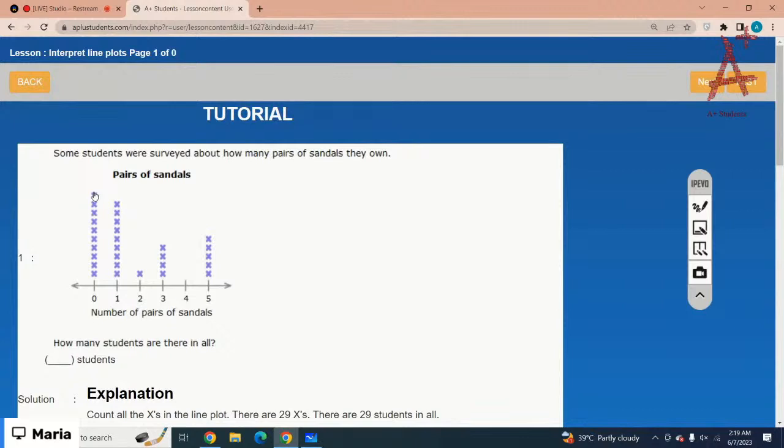You have to calculate the total students. So just calculate all the crosses in front of all the values.